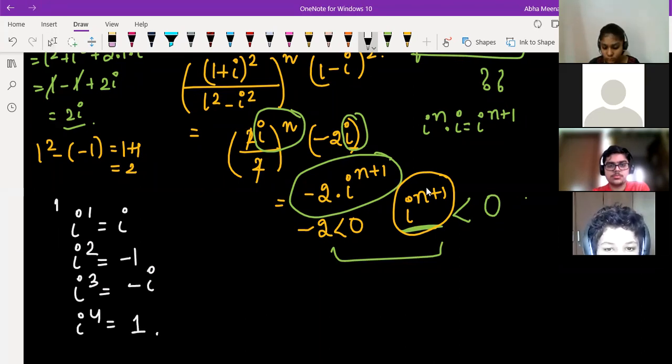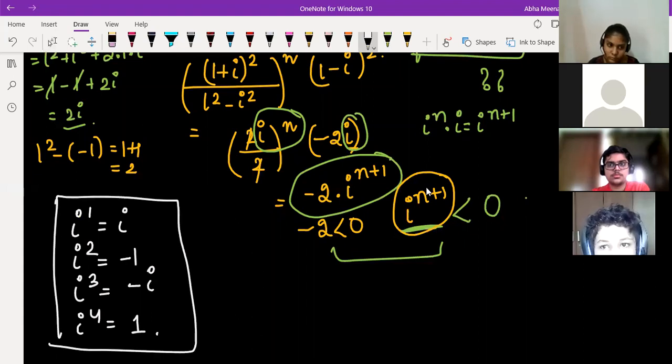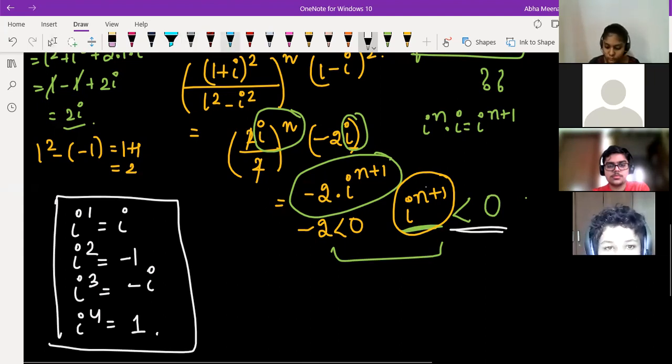These are the 4 powers of i we have studied, right? We must have i to the power n plus 1 less than 0 and a real number. Only these two possibilities are there.